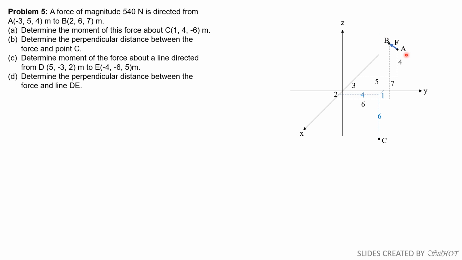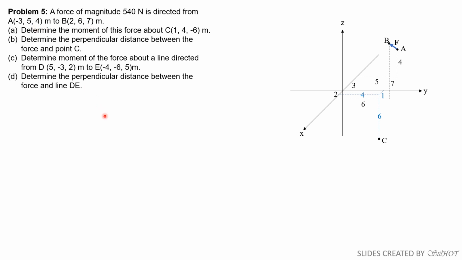This is the force directed from A to B. Let's express the force into its components. So it's B minus A. B minus A, we have 5i, the direction A to B is 5i, then 6 minus 5 is 1, so j.